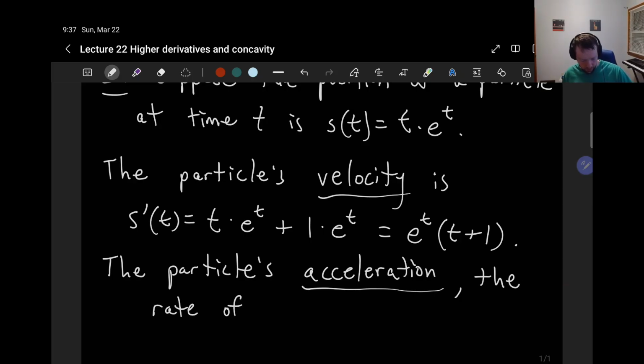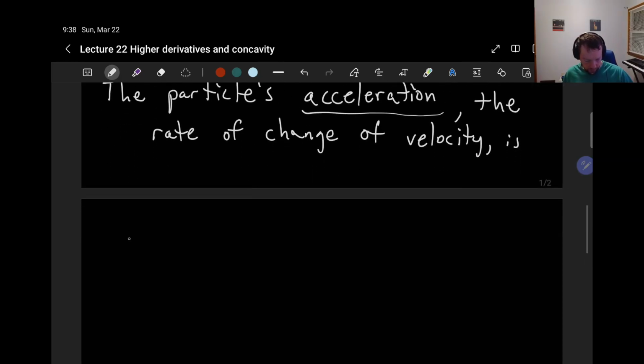The rate of change of velocity, this is s double prime of t, the derivative of s prime. So this is d dt, the derivative of s prime of t.